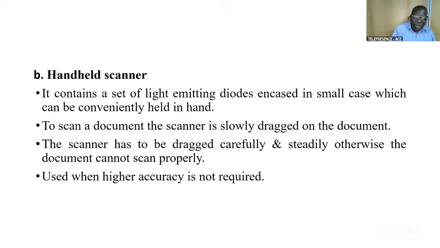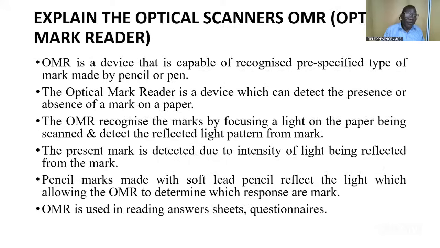To scan a document, the scanner is slowly dragged over the document. The scanner has to be dragged carefully and steadily, otherwise the document may not scan appropriately. Use when higher accuracy is not required for the document.